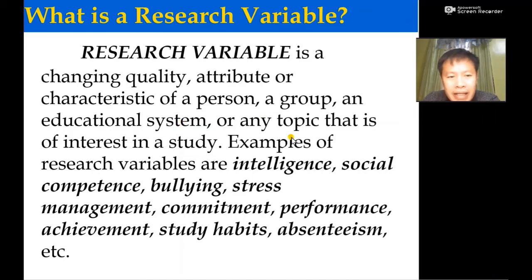Or any topic that is of interest in a study. Examples of research variables are intelligence, social competence. So when we say social competence, interpersonal competence, bullying, stress management, commitment, performance, achievement, study habits, absenteeism, etc. Those are examples of variables in social sciences research.